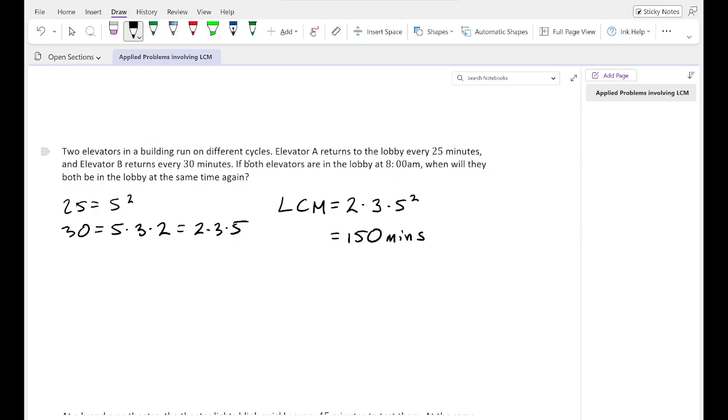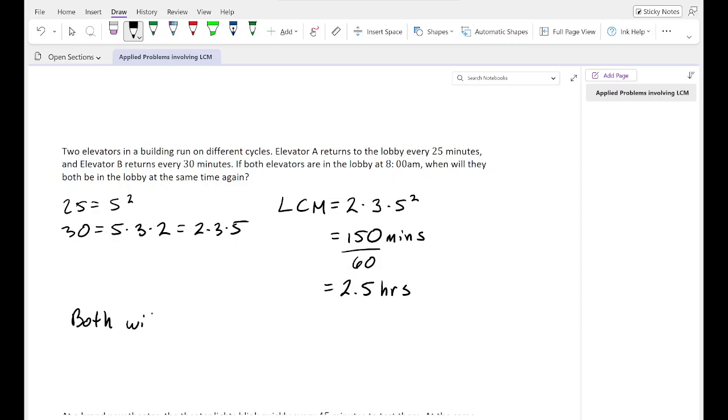But again, I'm asked the question, if both elevators are in the lobby at 8 a.m., when will they both be in the lobby again? So I'm going to need to convert this to hours. So I'm going to divide this by 60. And when I do that, I'm going to end up with 2.5 hours. So I'm going to add 2.5 hours to 8. That's easy. That's going to make it 10:30. So when will they be in the lobby again?